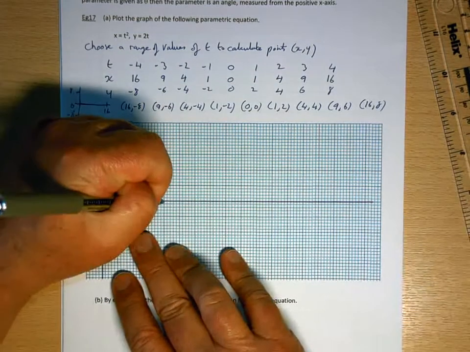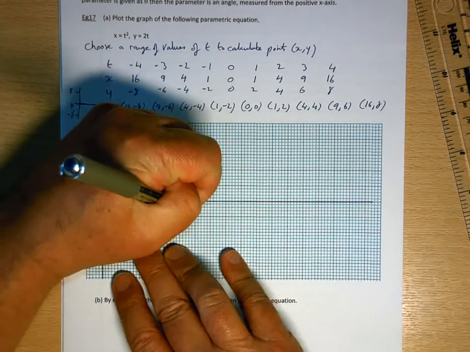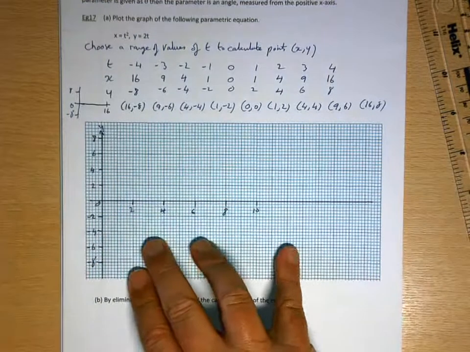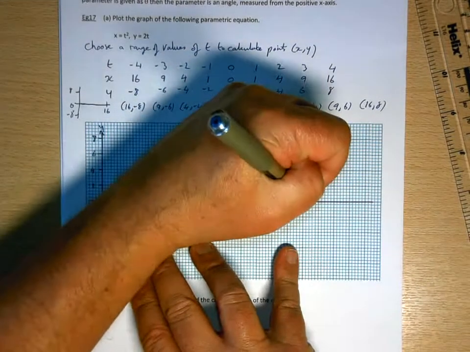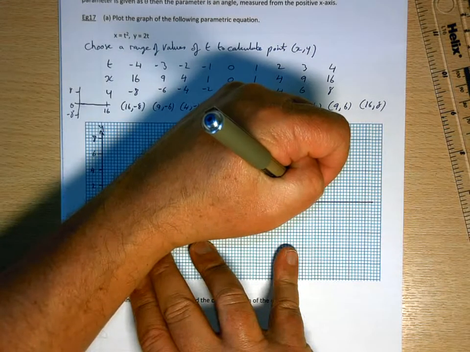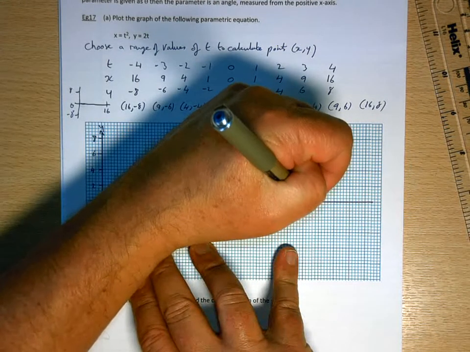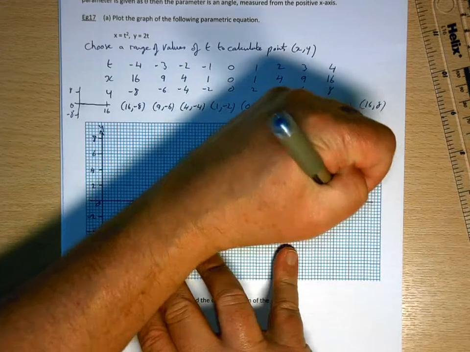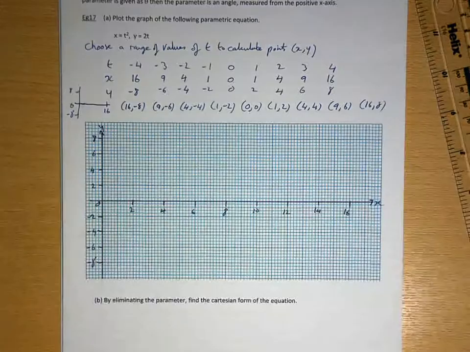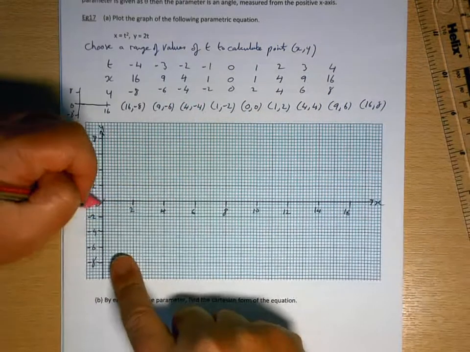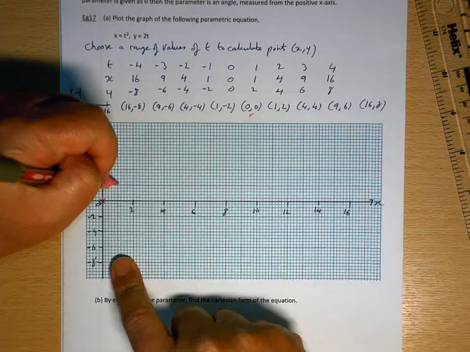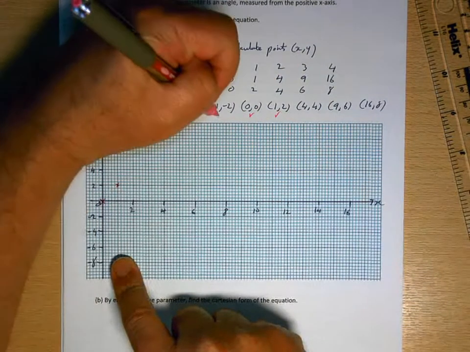So if I go 2, 4, 6, 8, 10, 12, my eyes are going to go googly now, 14, 16, x. Okay, so I've got a 0, 0, then I've got a 1, 2, and I've got a 1, -2.